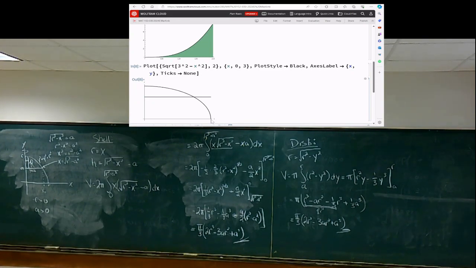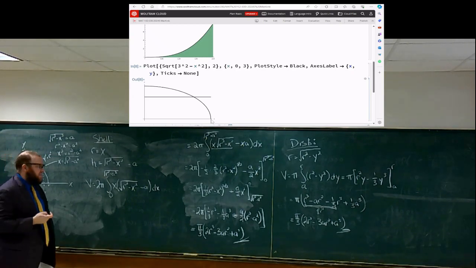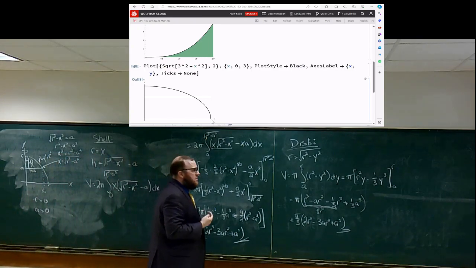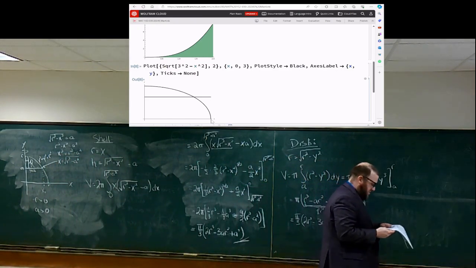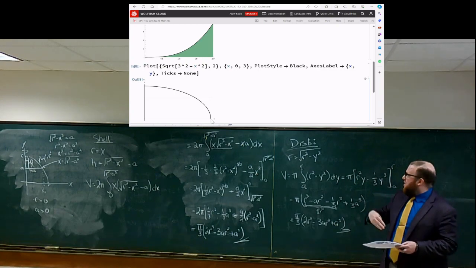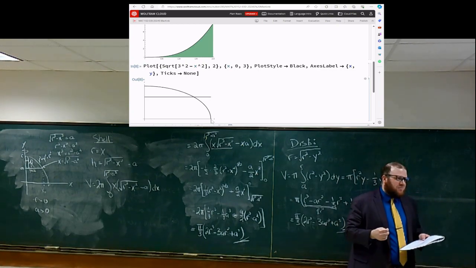One was less complicated, let's say that. In this case, even though it was a y-axis of revolution, the disk method was less complicated than the shell method. Is there a way to tell that right off the bat without doing any work?